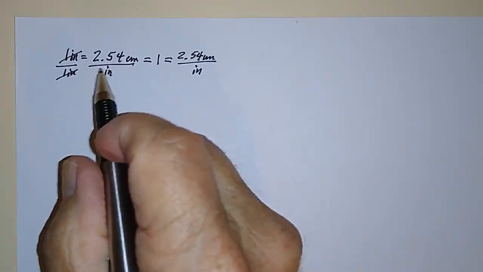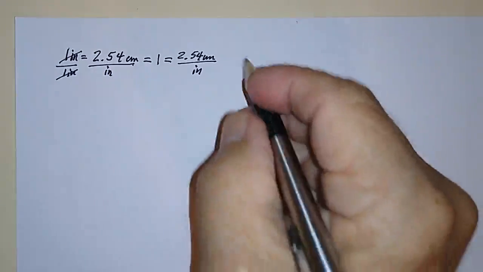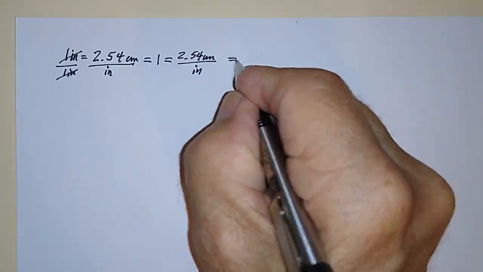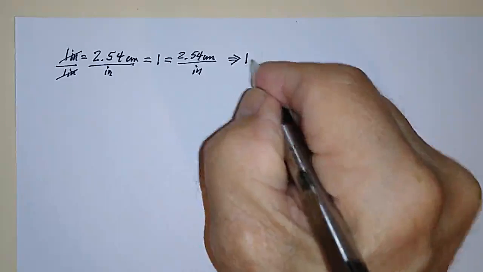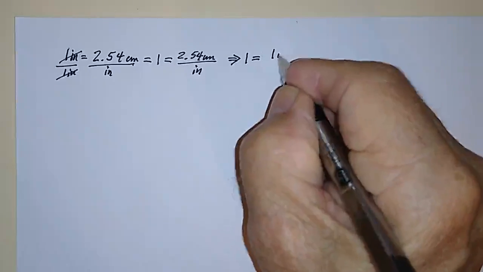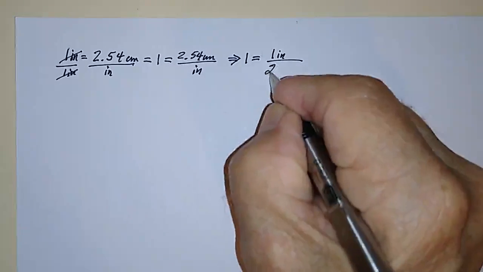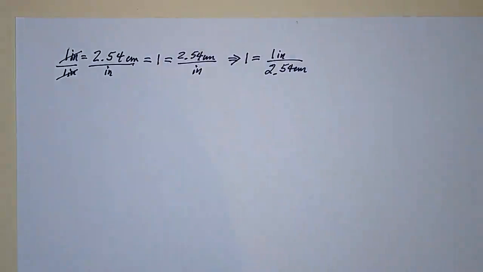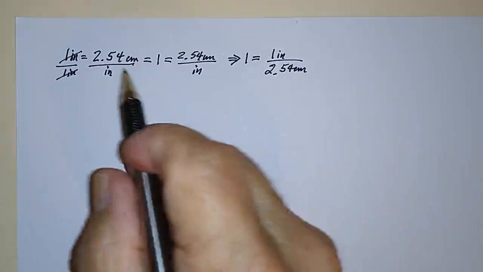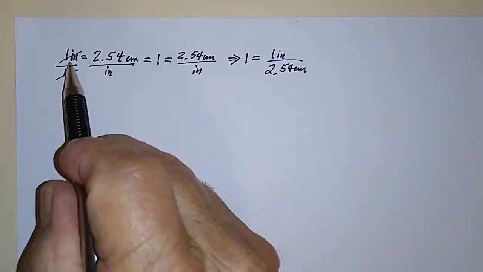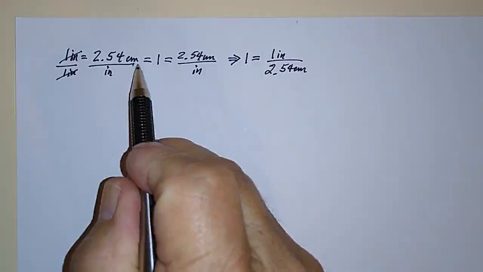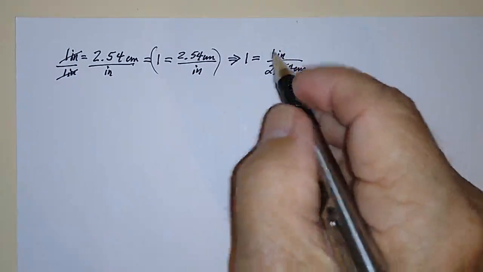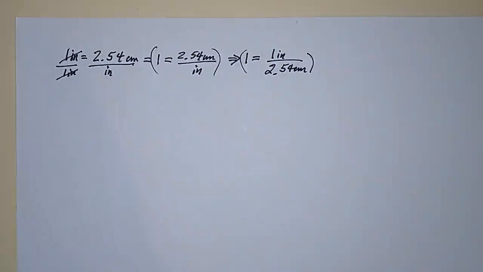But similarly, I could divide both sides by 2.54 centimeters and get that 1 is equal to 1 inch divided by 2.54 centimeters. So if I have a conversion factor like 1 inch is equal to 2.54 centimeters, I can write it in this form, or I can write it in this form.